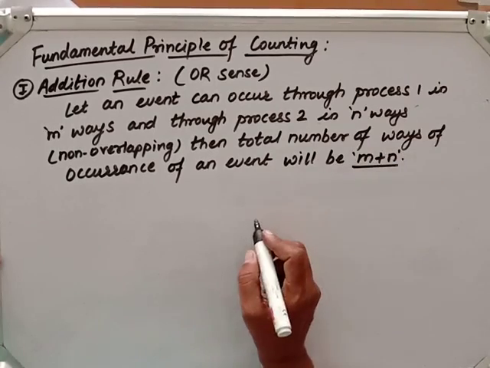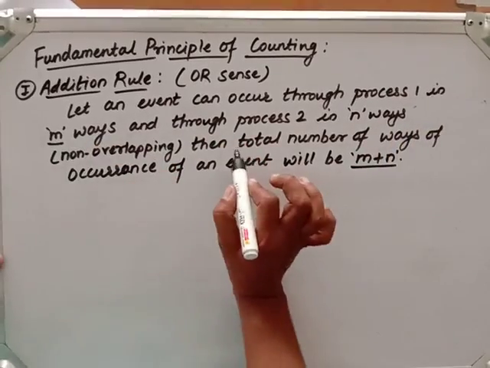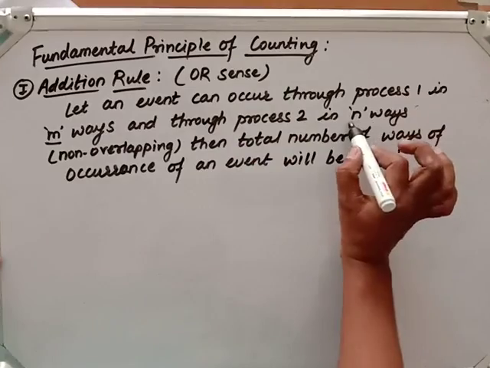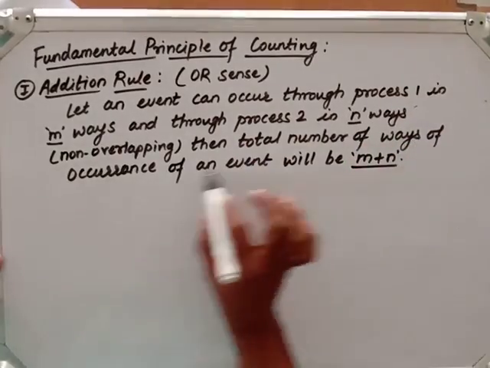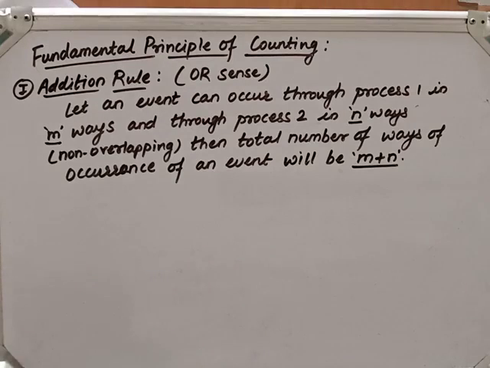This is important. See, process 1 is done by m ways, process 2 will be done by n ways. Then the total number of ways of occurrence of an event will be m plus n.